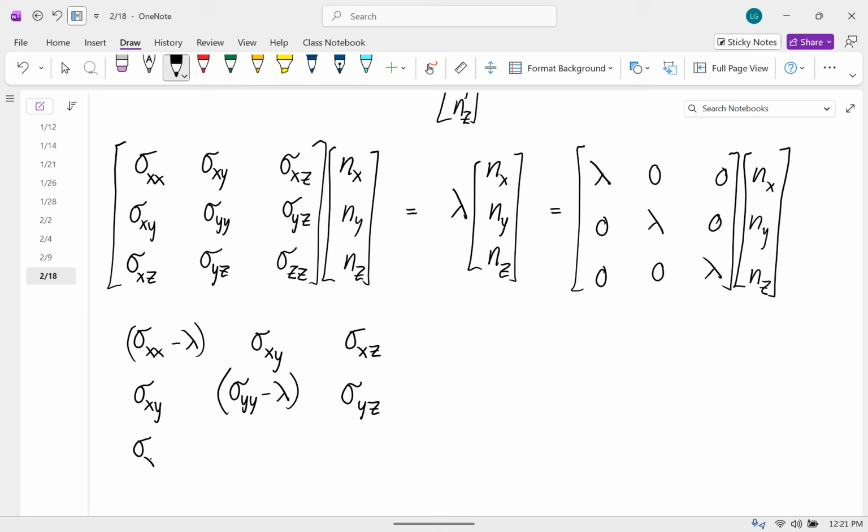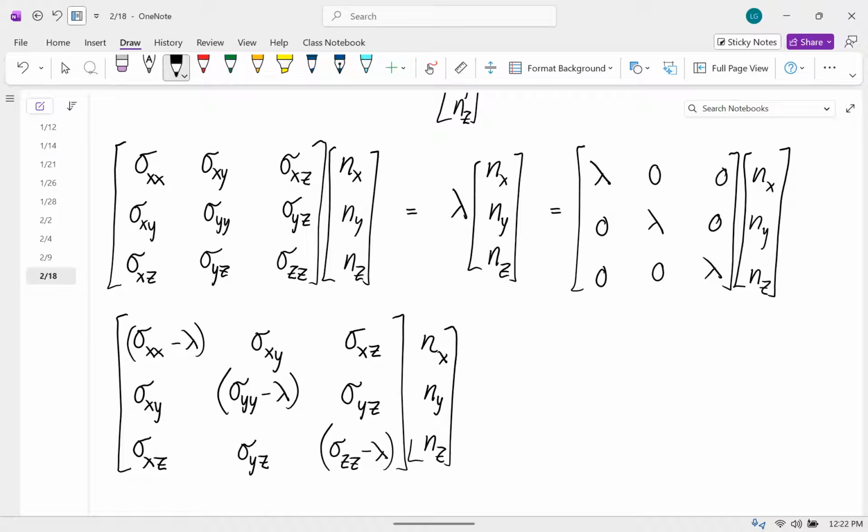Then here we have sigma xz, sigma yz, and sigma zz minus lambda. And we're multiplying that by this. And this now has to be equal to 0. So I just did some simple matrix algebra to rewrite it in this new form.